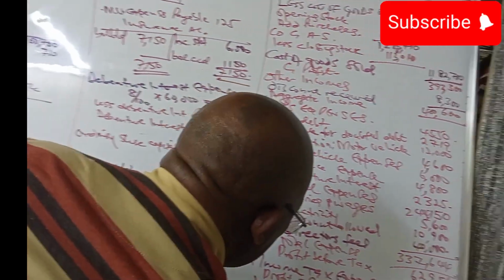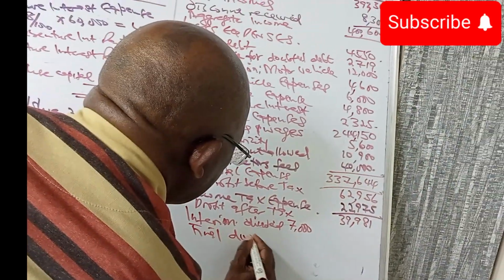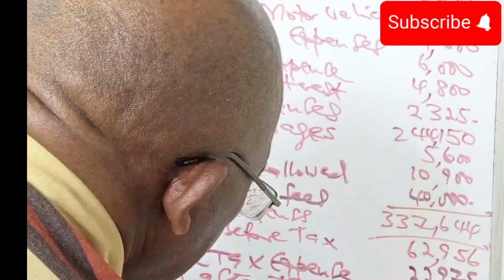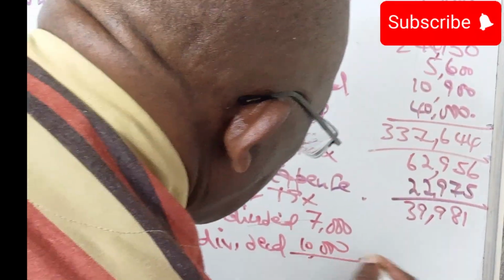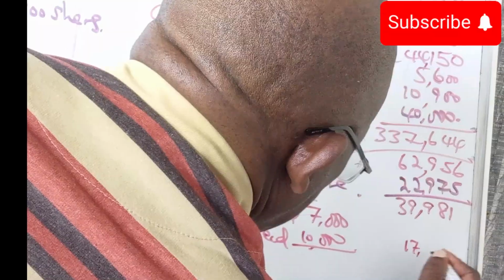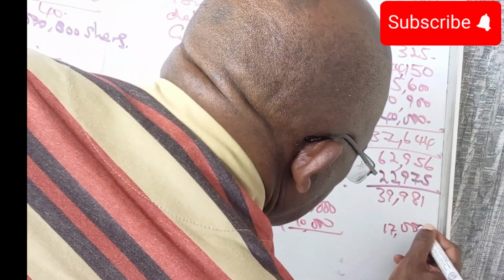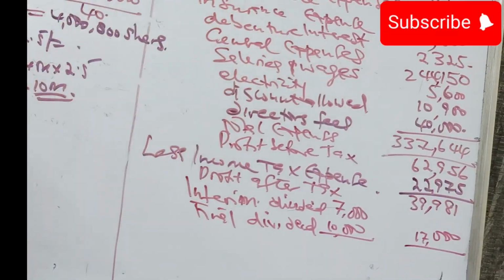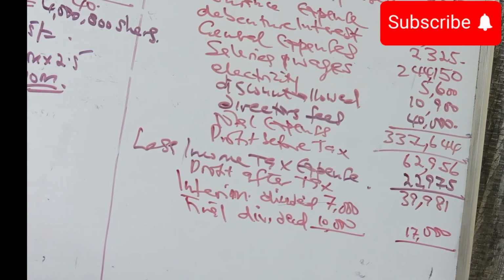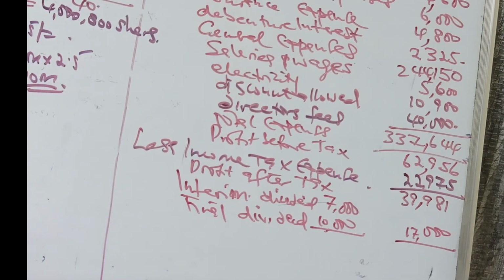Final dividend of 10 million, giving us total dividend amounting to 17 million. 39,981 minus 17,000. We get a figure of 22,981.